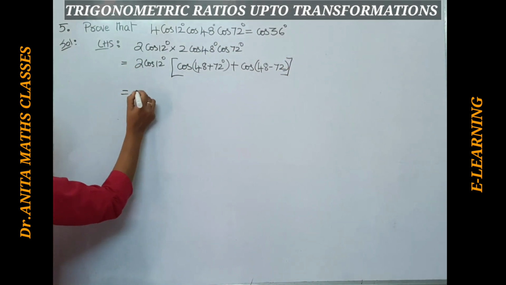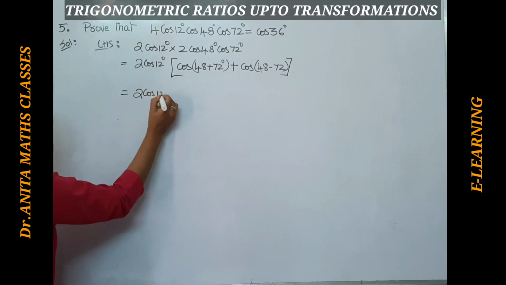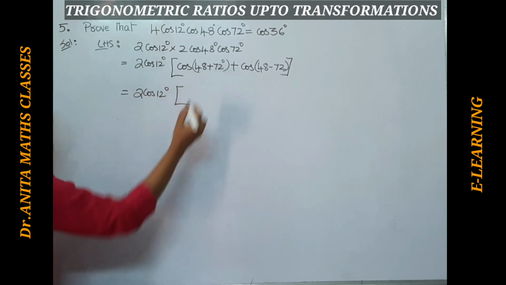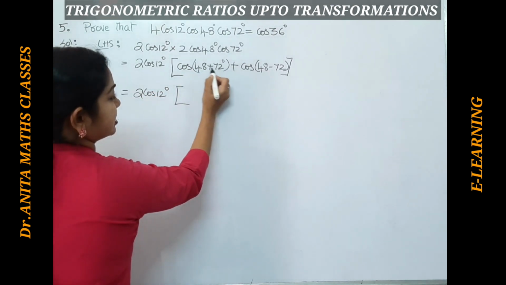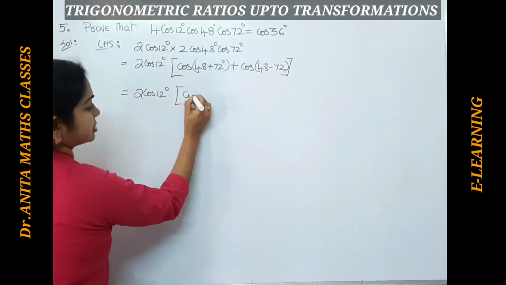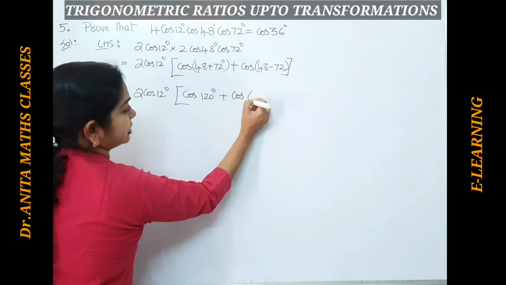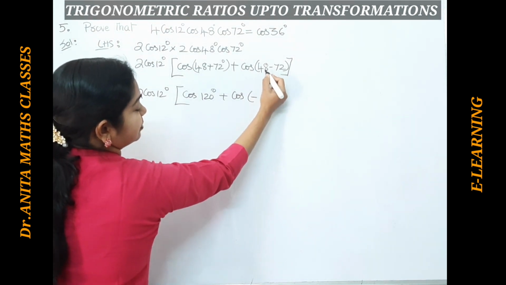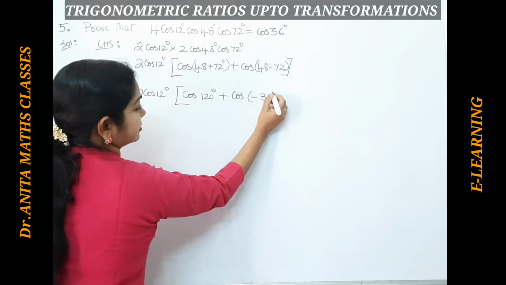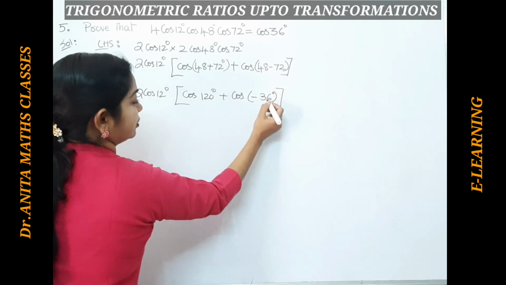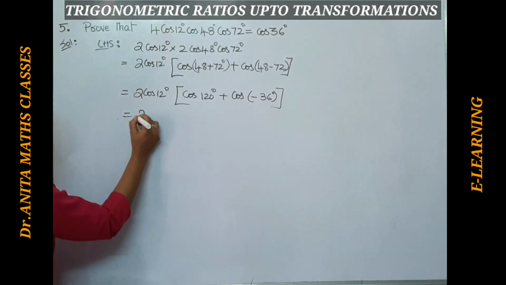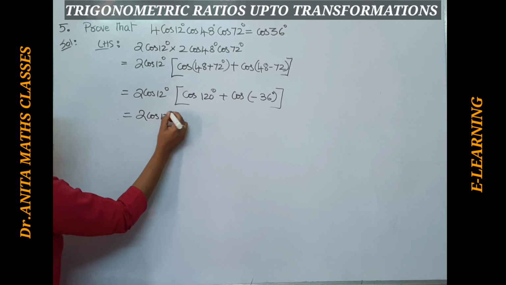So this becomes 2 cos 12 degrees here. 72 plus 48 is 120, so this is cos of 120 degrees, and cos of minus, this becomes 72 minus 48, that is 24 degrees. We know that cos of minus theta is cos theta. So 2 cos 12 degrees.